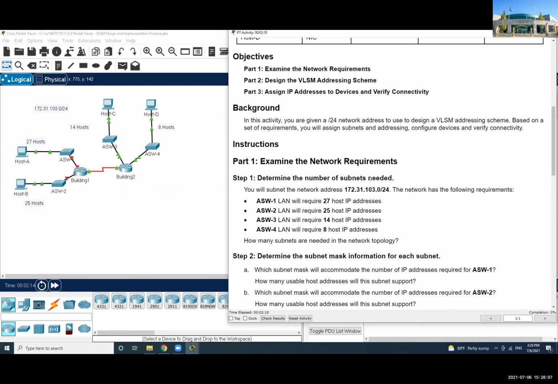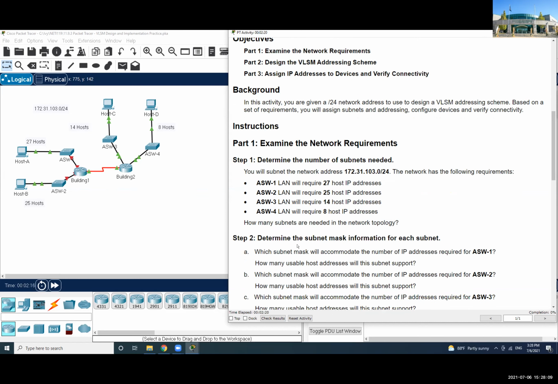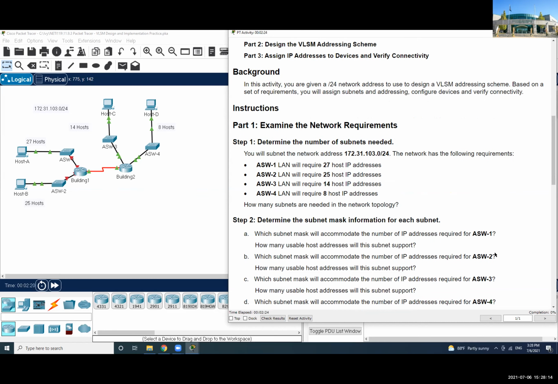Right? In those 5 subnets, which subnet must accommodate the IP addresses required for the switch ASW1? Right? Which subnet matches the number of IP addresses? How many is it? Okay, so now for this one, ASW1, you have 27 hosts here. So what do you think?